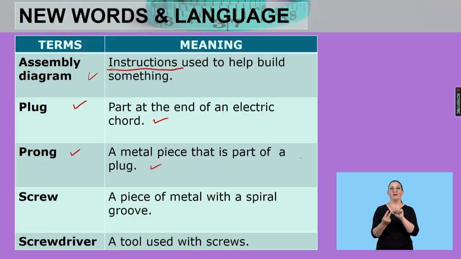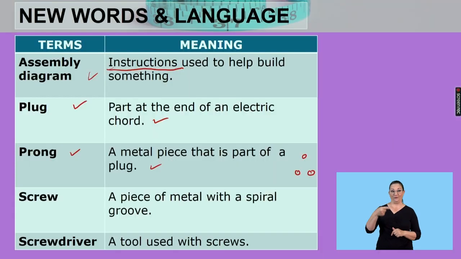If you turn the plug around, usually you see 3 little pieces, almost forming the shape of a triangle. Those pieces are its prongs. The screw is a piece of metal with a spiral groove, sometimes you turn that into wood. Then we use a screwdriver, a tool used with screws.